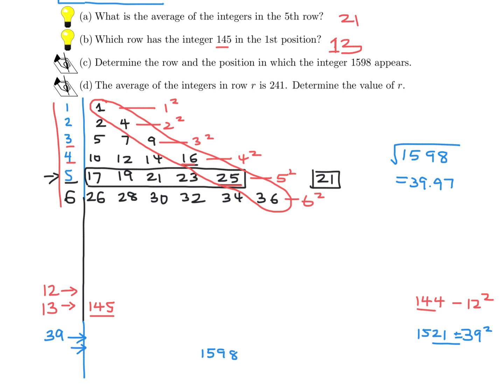And then therefore the first number of the 40th row would be 1522. And then you kind of just keep going. And then the last number in the 40th row would be 40 squared. And what is 40 squared? 1600, right? Yeah. So 1598 is indeed in this row.